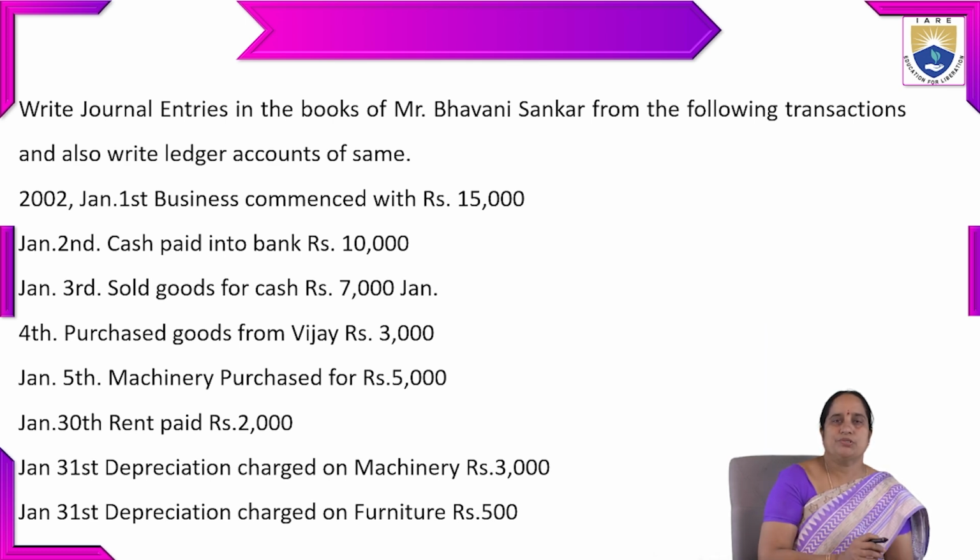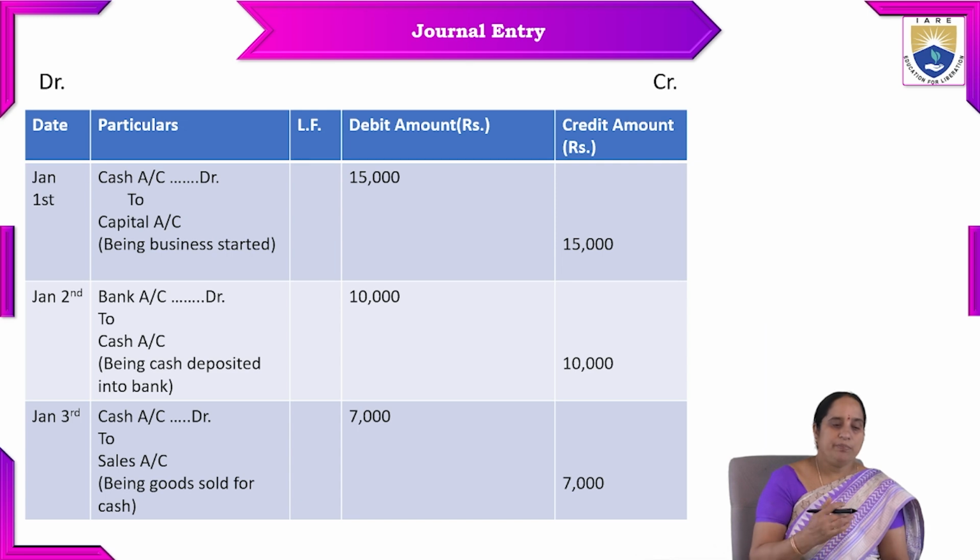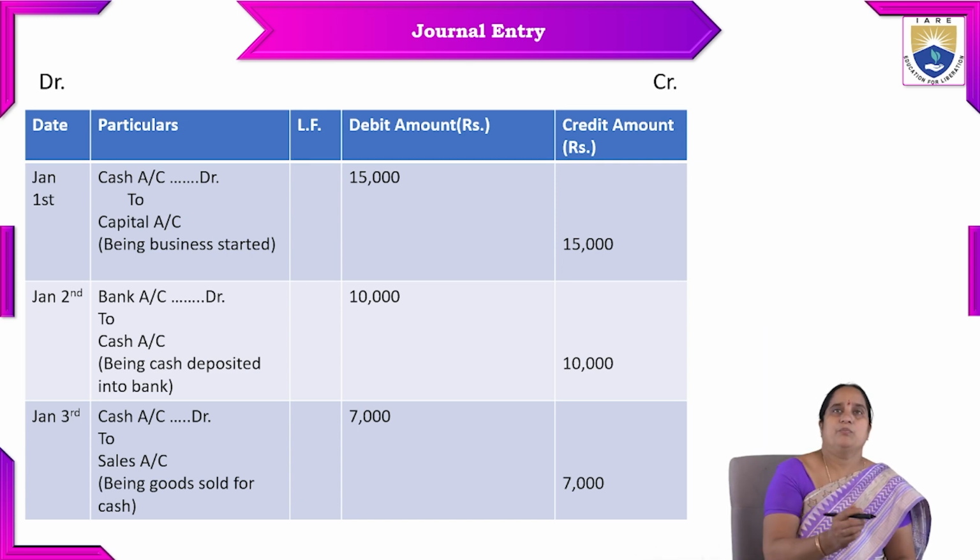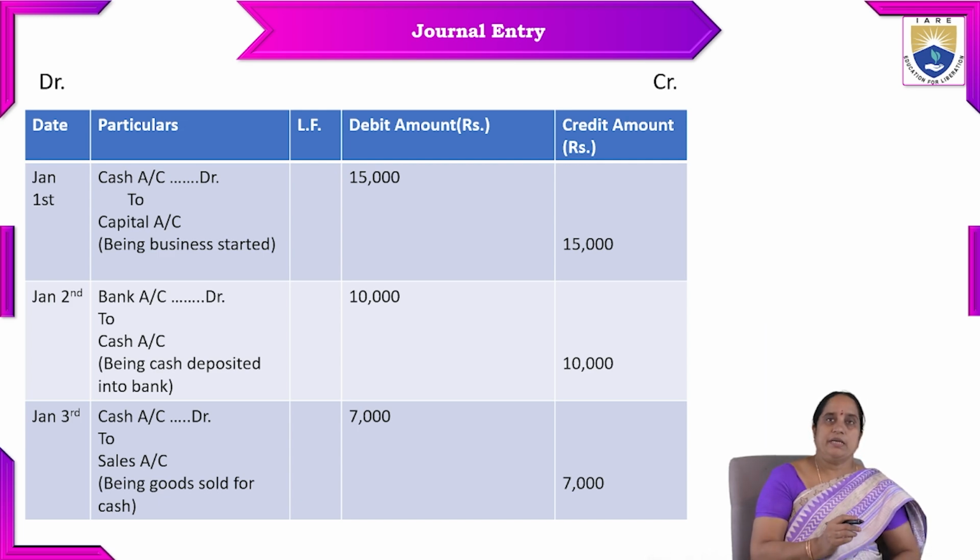Jan 5th, machinery purchased for 5,000. Jan 30th, rent paid 2,000. Jan 31st, depreciation charged on machinery 3,000. Jan 31st, depreciation charged on furniture 500.